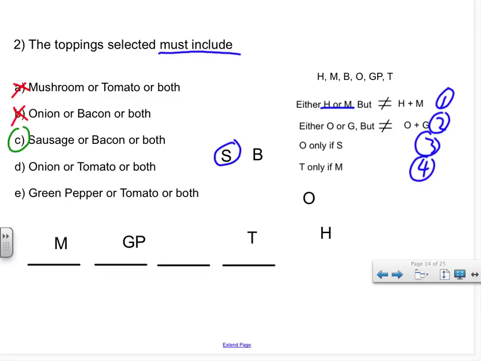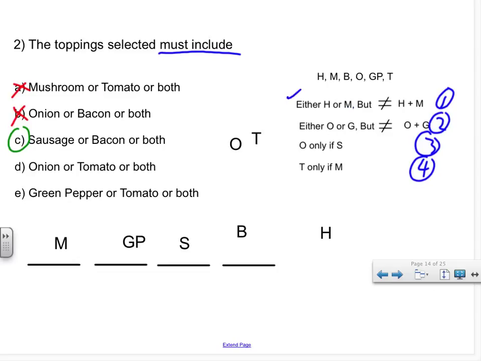And just for argument's sake, let's try D and E quickly. So onion or tomato or both. I know that I can use, let's try M, G, P, S, B and make sure this meets our conditions.